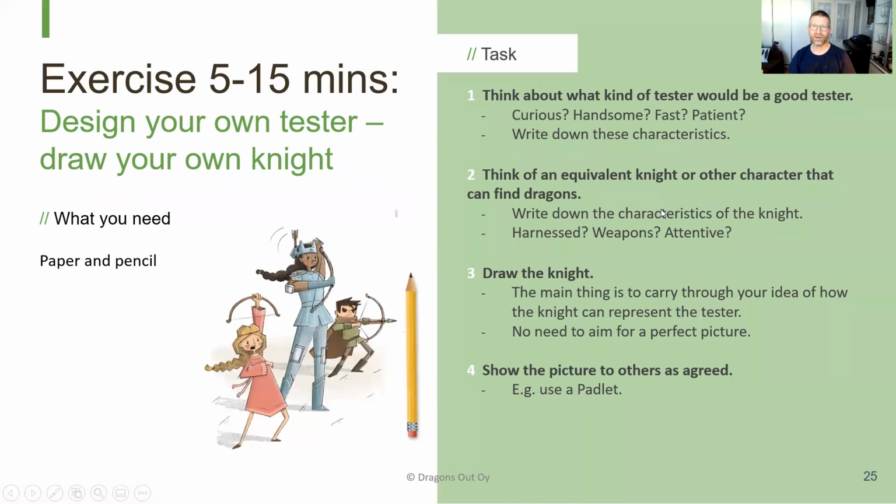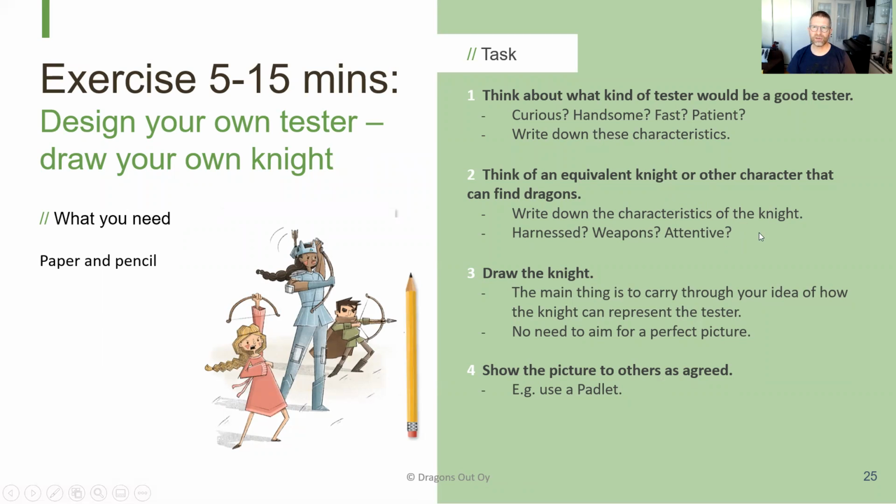Next, another exercise. Again, we get to draw. This time we are drawing testers. So that could be a knight. So think about what kind of a tester would be a good tester. Does it mean that the person should be curious, handsome, fast, patient? Write down what you think makes up a good tester. And then think about a knight or other type of person or character that can find dragons.